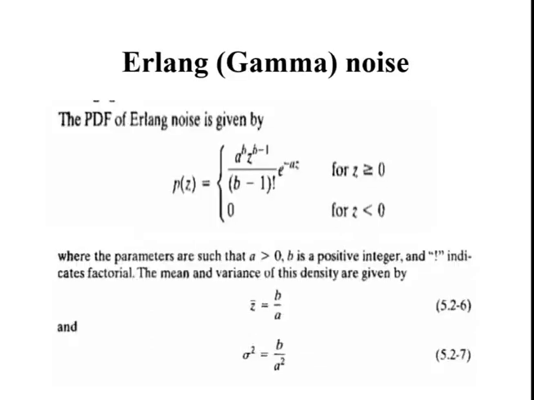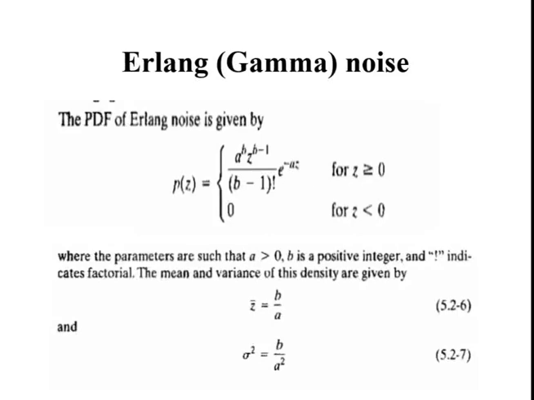Then the next type is Erlang, also called gamma noise. The PDF of Erlang gamma noise is given by p of z equal to a raised to b, z raised to b minus 1, upon (b minus 1) factorial, e raised to minus a z, for z greater than or equal to 0, and p of z is 0 for z less than 0, where the parameters are such that a is greater than 0 and b is a positive integer, and the exclamation mark denotes factorial.